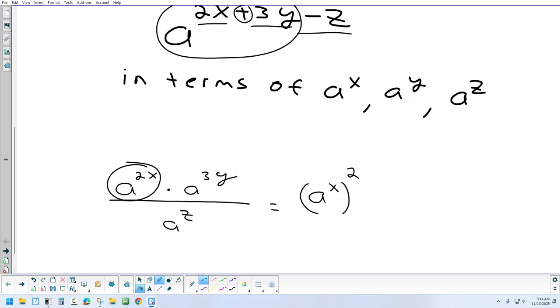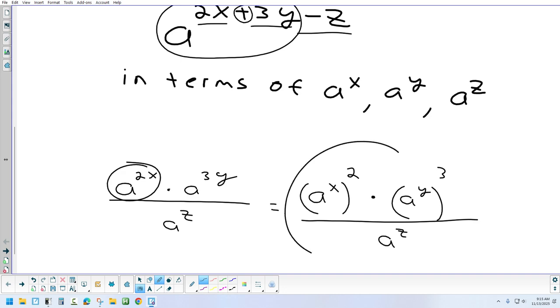That would give you a to the 2x. And what about a to the 3y? How would that be written in terms of a to the y? Right, a to the y cubed. And the bottom, that's already just a to the z.